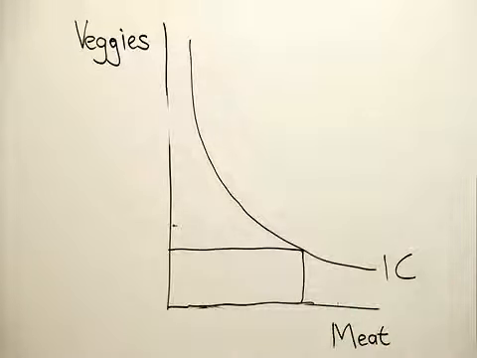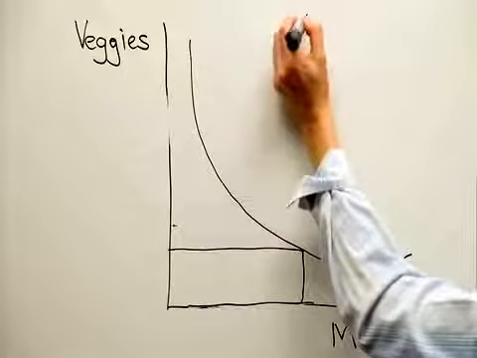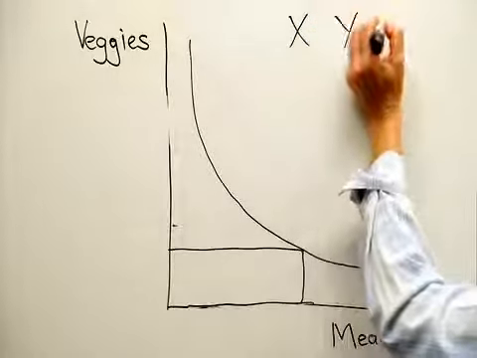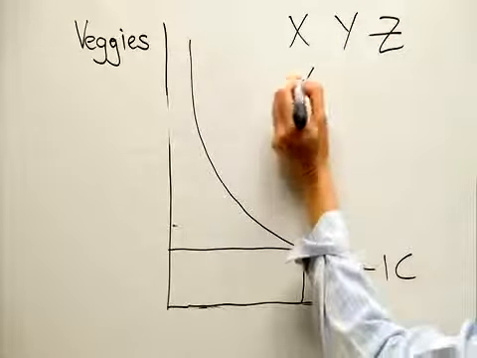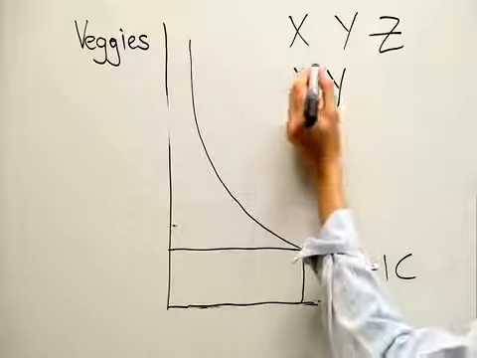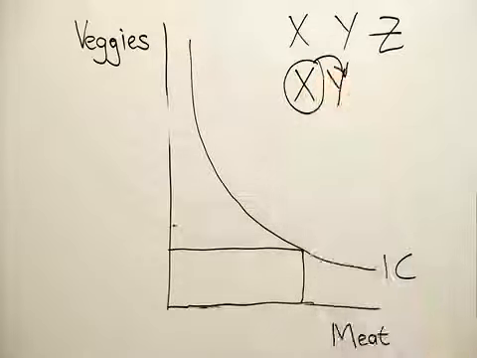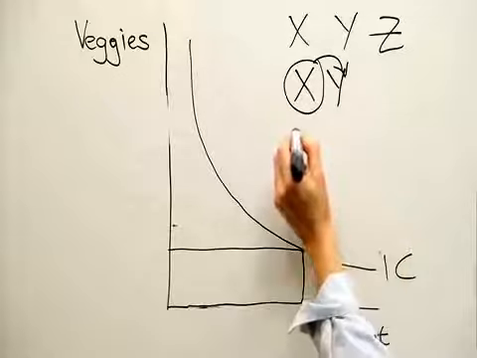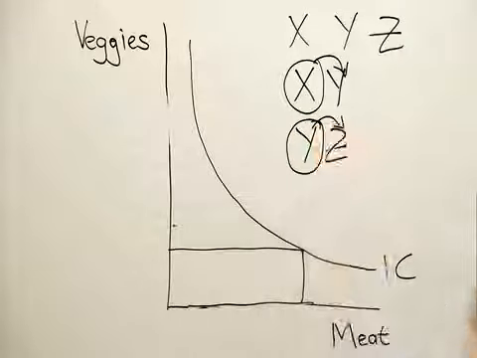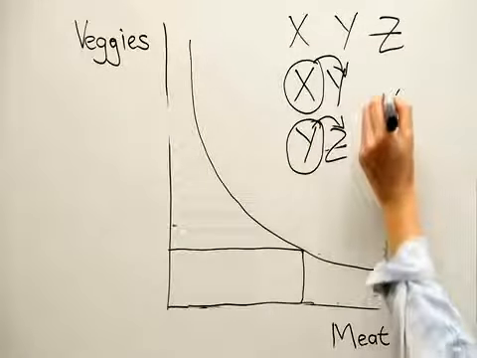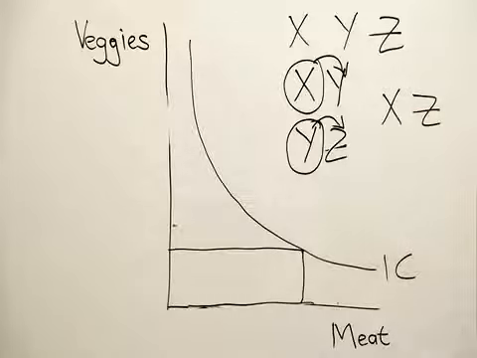The second assumption is transitivity, which means, let's use the three products X, Y, and Z. If you prefer X to Y, and you prefer Y to Z, you have to prefer X to Z as well.